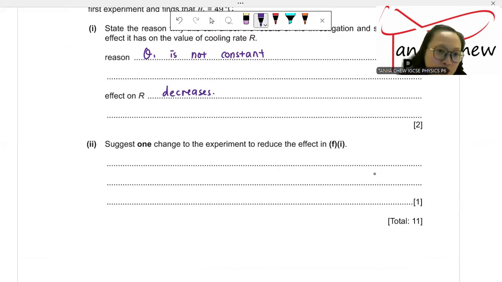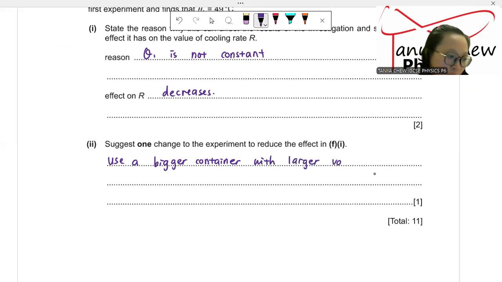So I say that use a bigger container with larger volume of water to surround A, right? To surround beaker A. That's it.